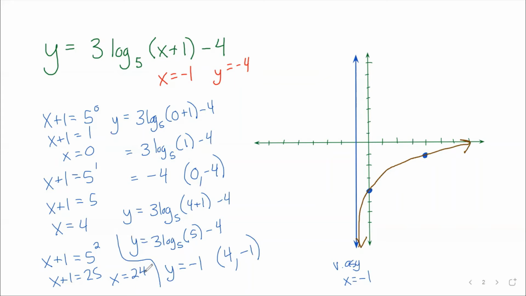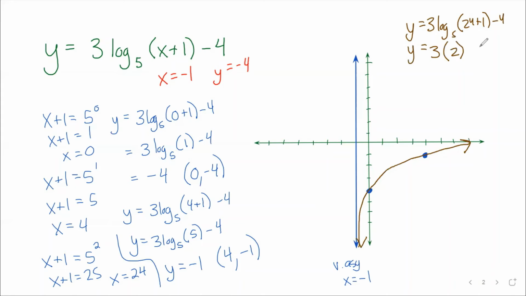And we can check here. Let's just see what that third point would be if we had room to put it in, where we had x equals 24. So we'd have y equals 3 log base 5, 24 plus 1 minus 4. So log base 5 of 25 is 2.